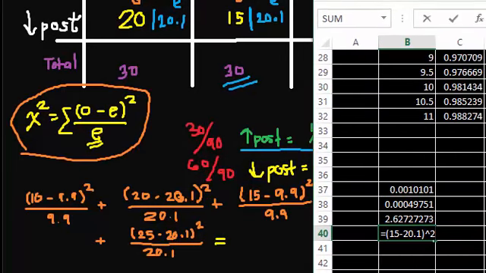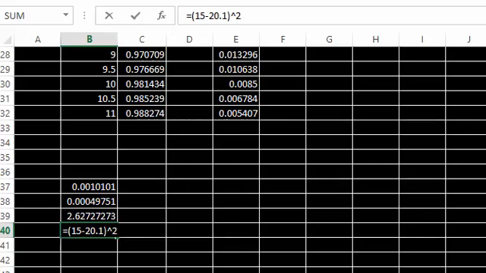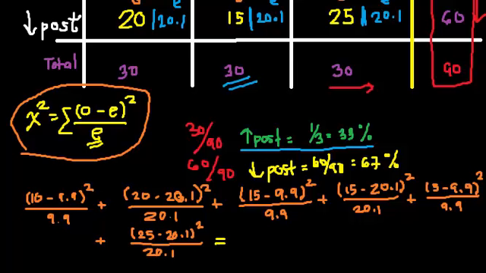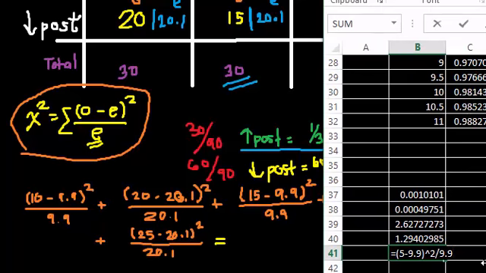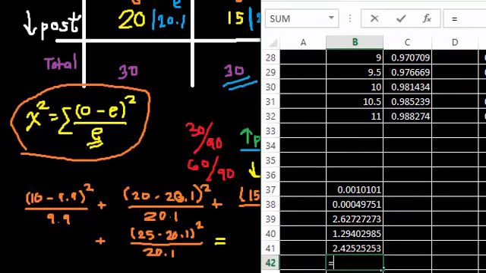Alright, divided by 20.1, and let's see, we have 5 minus 9.9 squared divided by 9.9. Just gonna show you in a bit there. There we go. Press enter. And finally we have, last, 25 minus 20.1 squared divided by 20.1.